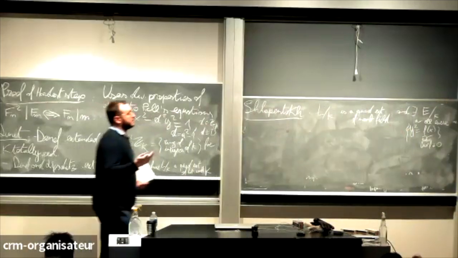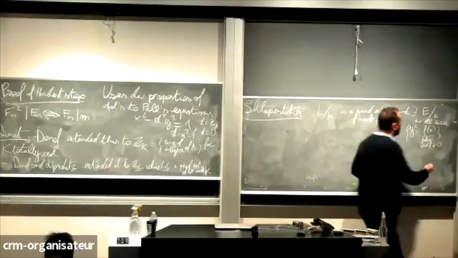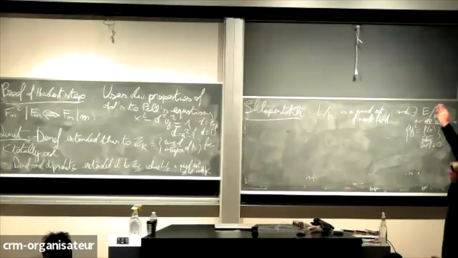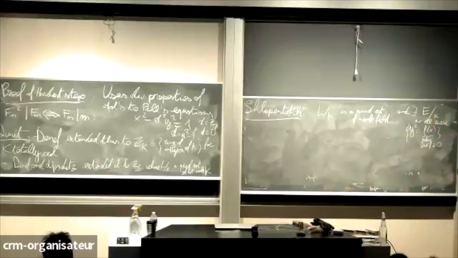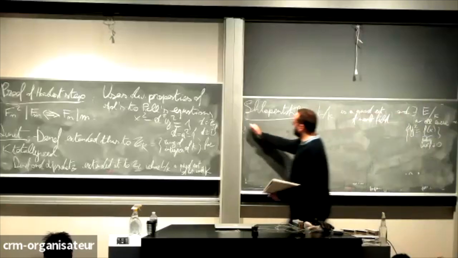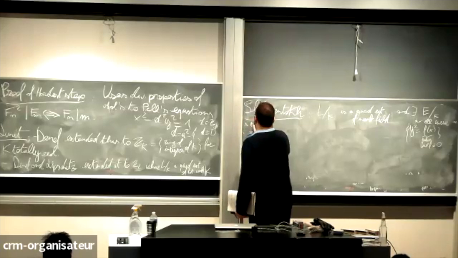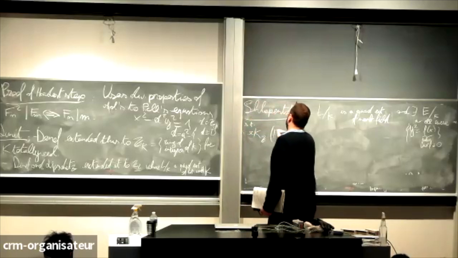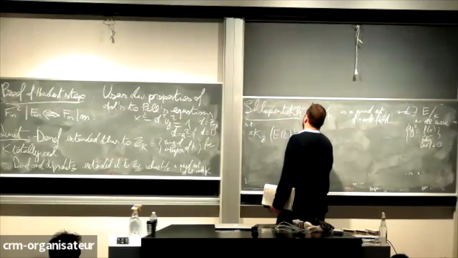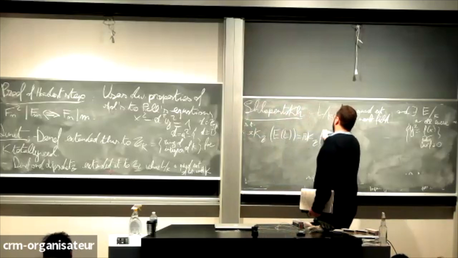It's a classical theorem in number theory that this group might not be finite, but is always finitely generated. There is always a finite list of elements through which you can express all the other elements. So there is a well-defined rank, a finite number, such that the rank of E(L) is equal to the rank of E(K).